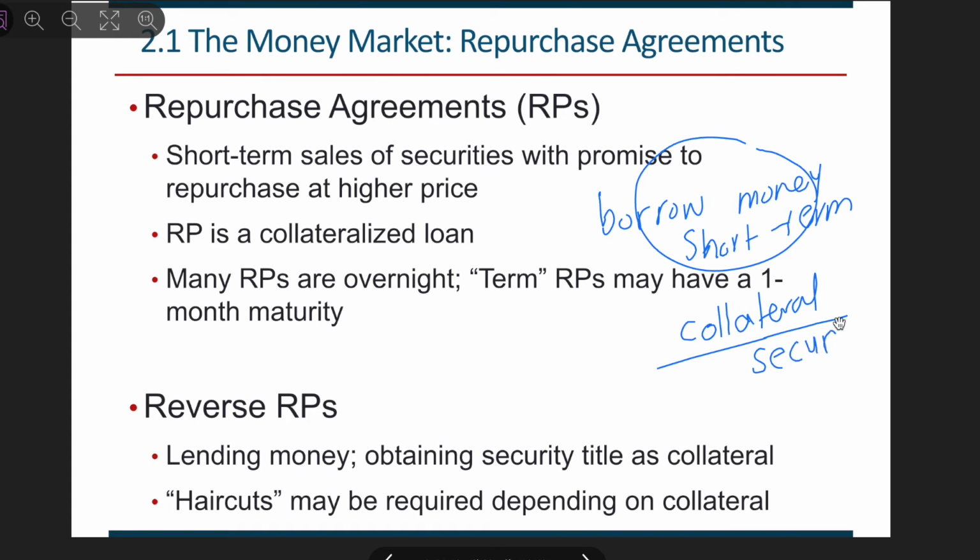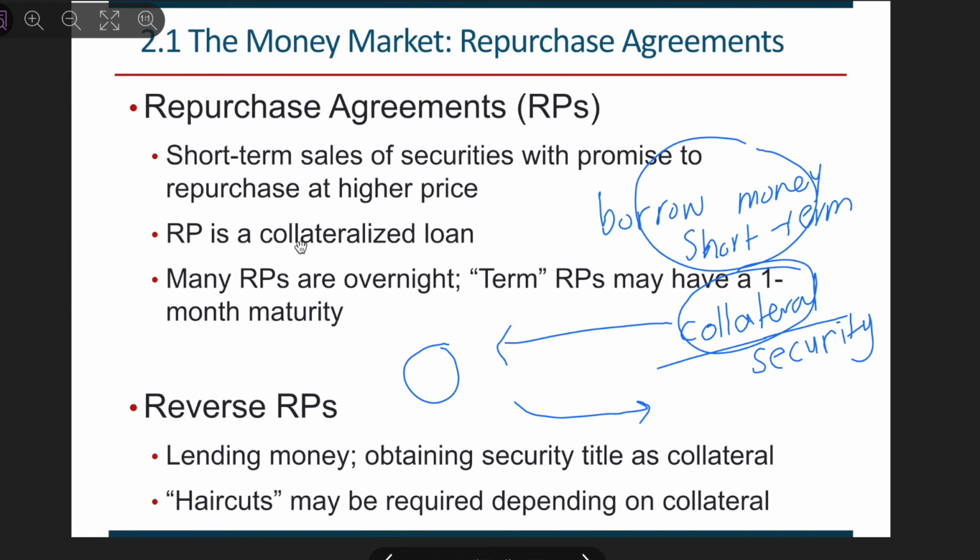So you found a security that can be collateralized, and you give this collateral to the broker and get the money you need right now, and you pay back with an interest rate. So we promise to repurchase at a higher price. You get back your collateral once the deal is done.